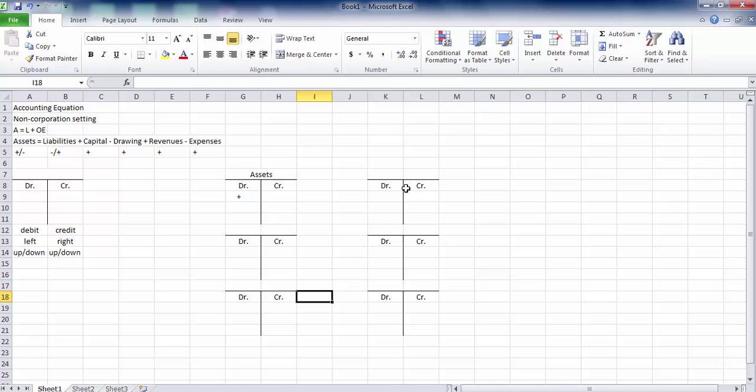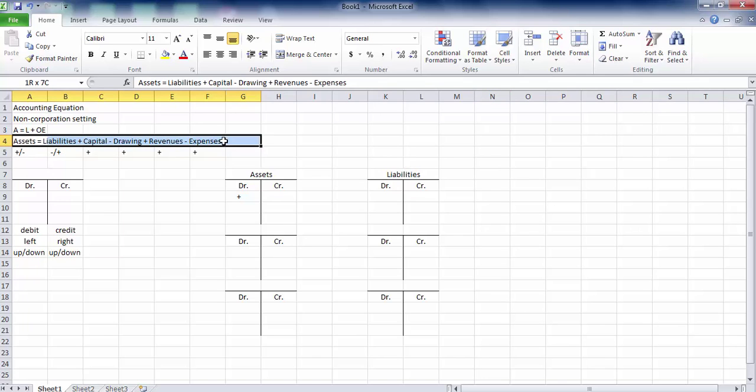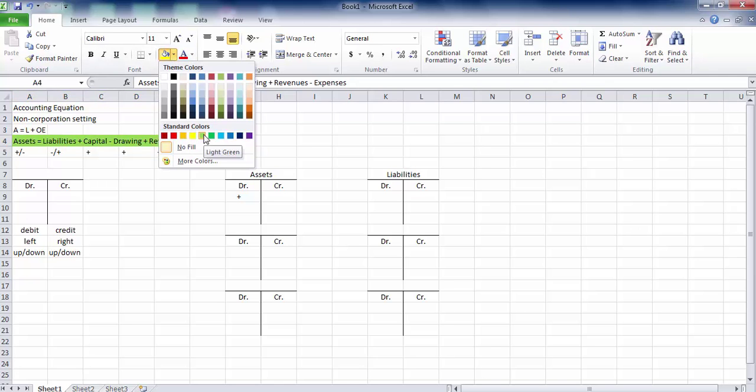So now let's go over to here. And let's establish this category as liabilities. Now, in order to help us fill in this chart and define what debits and credits actually mean, I'm going to use the accounting equation that I established on the fourth row up here. Let me put that in green.